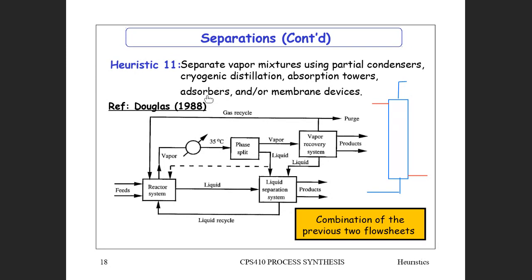An adsorber is very similar, except now, this whole column is filled with molecular sieve, which is a zeolite that has very specific pore sizes that will adsorb specific size of molecules.